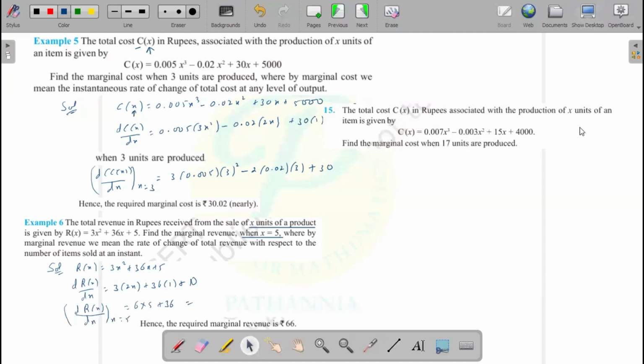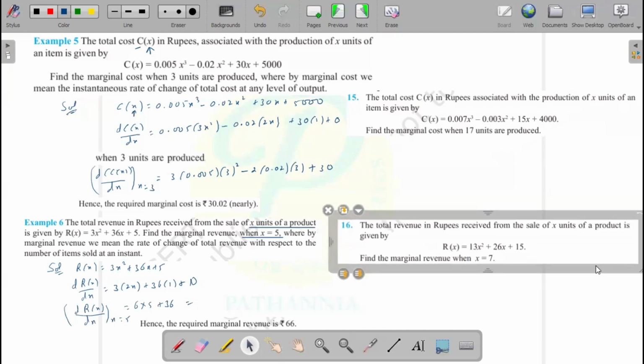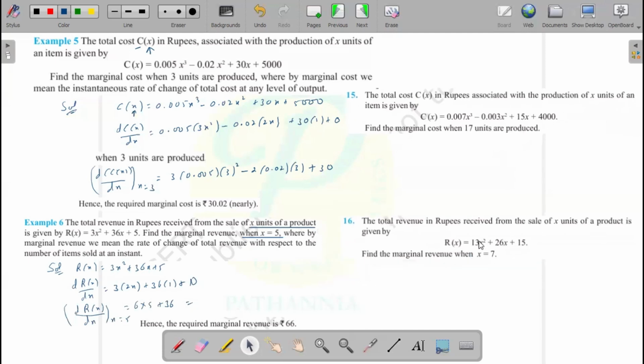Question number 15 from your NCERT and question number 16 also from your NCERT.